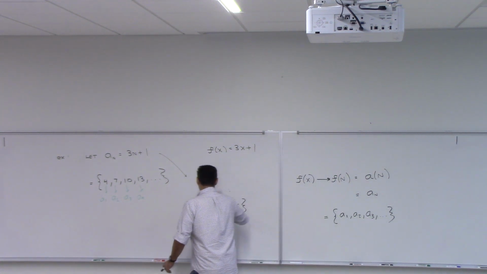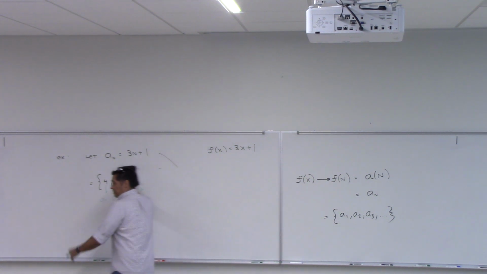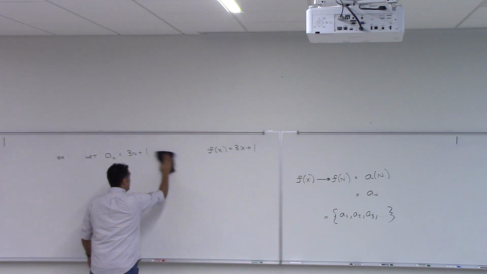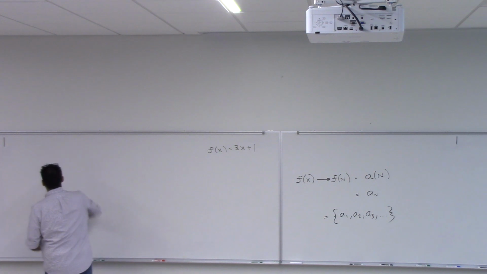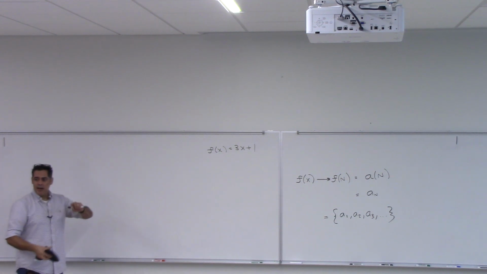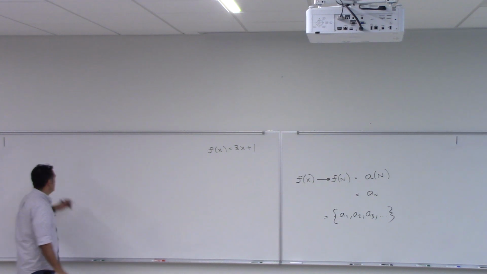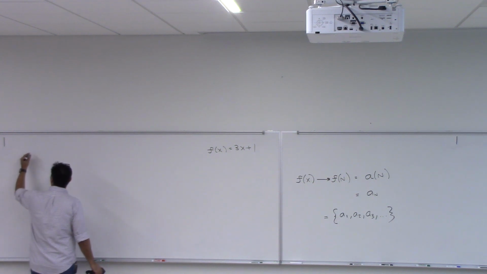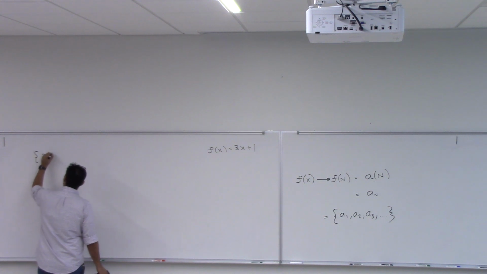So let's start with, in the last 5 minutes, let's see if you can come up with the formula for this, all right? And we're going to start out easy, and we're going to get harder and harder. So I want you to raise your hand. Don't just blurt out an answer, all right? Here's the sequence.